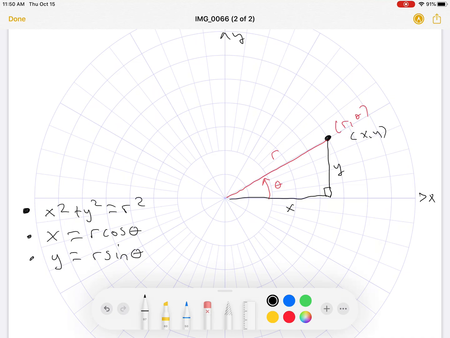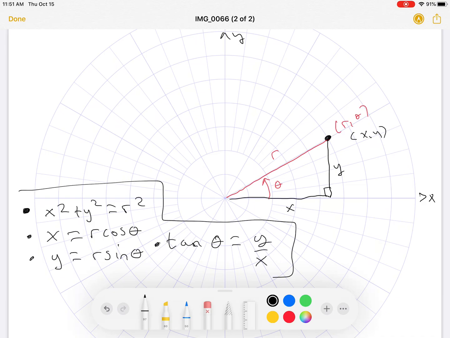And similarly, tan of theta is y over x. So these are identities that we use to convert from polar to rectangular, assuming you need to do that, which we will.